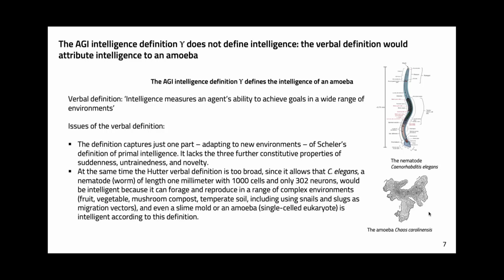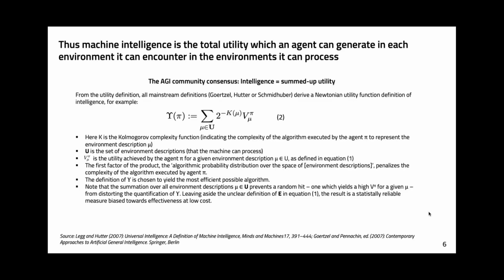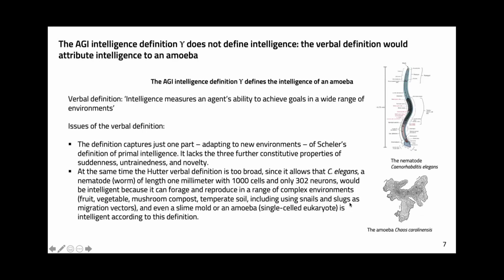So I think the definition of intelligence is too weak. Why is it so weak? Because in the book where this intelligence definition is used, the book by Goertzel and Pennachin, called Artificial General Intelligence, they discuss many other definitions.